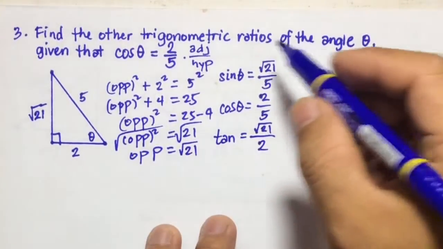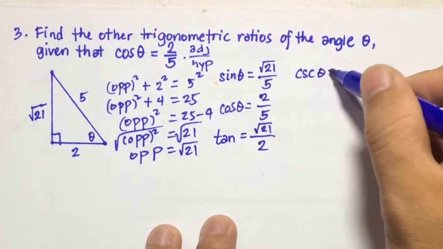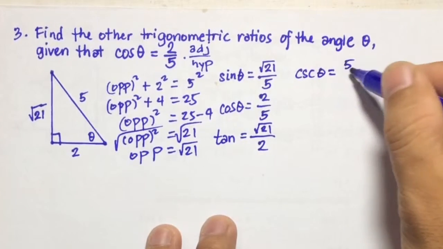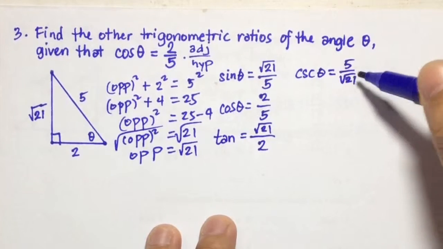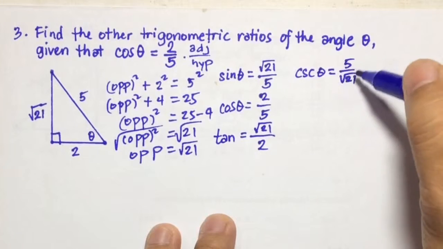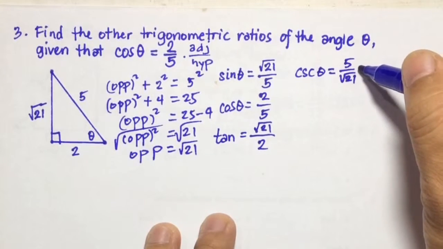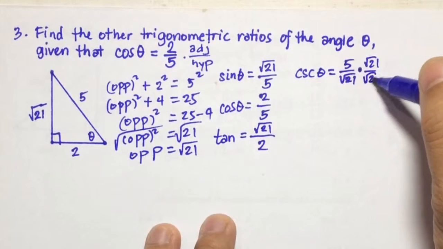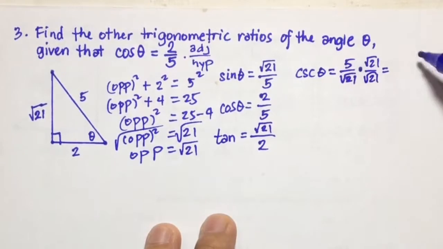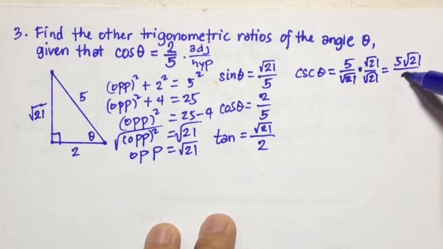Then if we're going to have the cosecant, this will be equal to 5 over square root of 21. Then this has a denominator with a radical sign, so we're going to rationalize the denominator. So we're going to multiply this one with square root of 21. So this will be 5 times square root of 21 over square root of 21 times square root of 21 is 21.